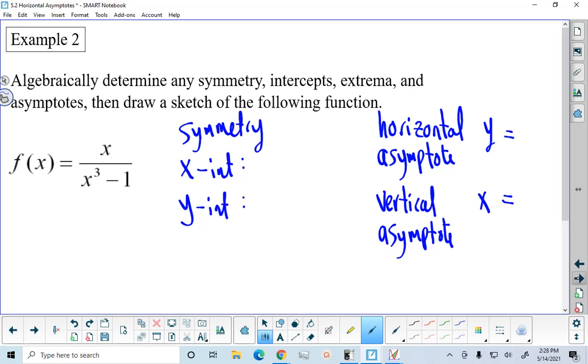And we're also going to want to know our derivative. This is kind of the template.